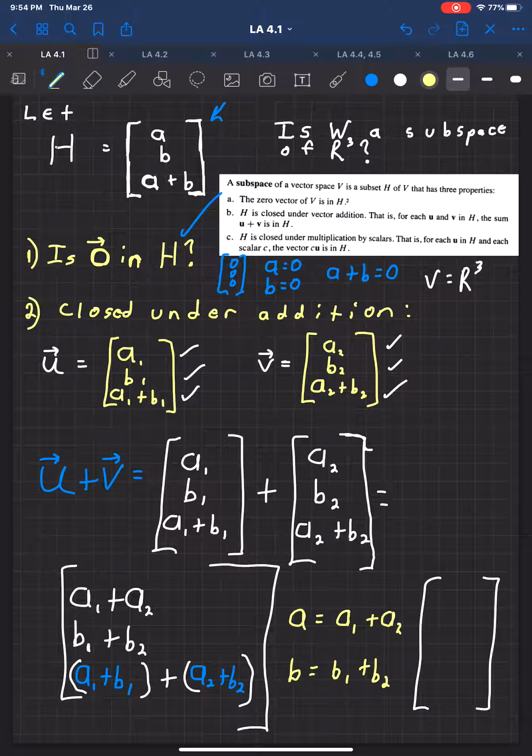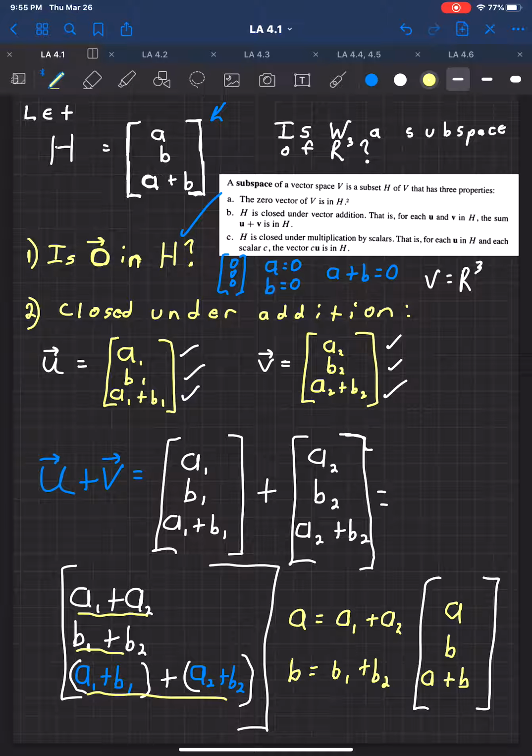So what should I put in that first row? Well, simply a. And what should I put in that second row? b. And what should I put in that third row? Well, you can always drop the parentheses and rearrange, so you can put the a's beside each other and the b's beside each other, so that I would have a sub 1 plus a sub 2, and then b sub 1 plus b sub 2. In other words, what would I have? I would have a plus b.